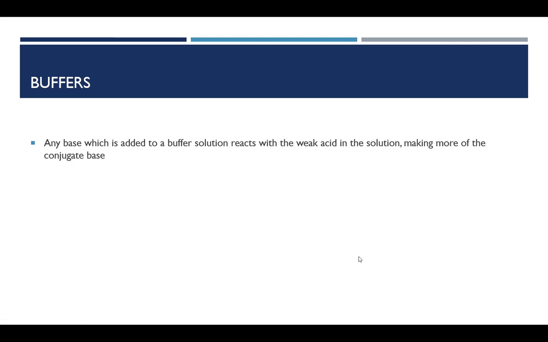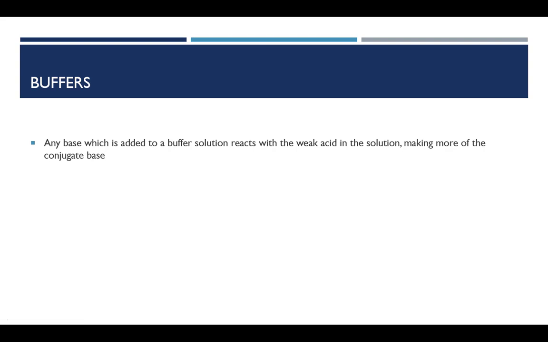Now, let's explore why a buffer works. Let's say we have a buffer solution. If we add a base to it, the base will immediately react with the weak acid which is present in the buffer. And what that does is it takes away some of the weak acid and forms more of the conjugate base.